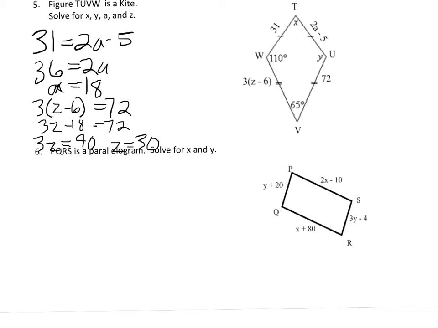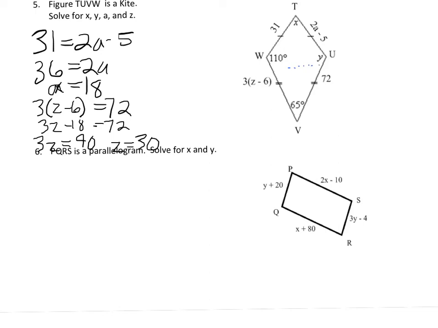Now, angles are tricky for kites, and this is a property we're going to talk about a little later. I know it's not quite like a parallelogram, and I know that y is going to be 110, that opposite angle.